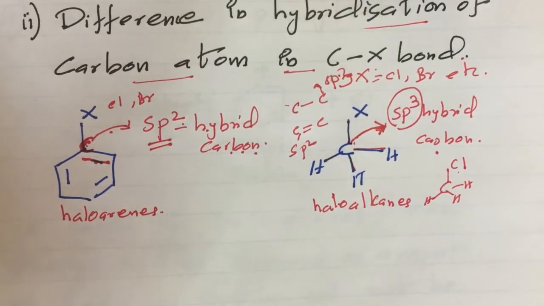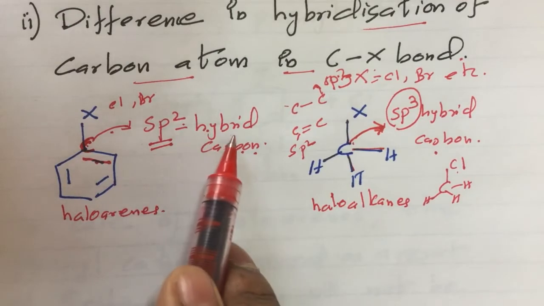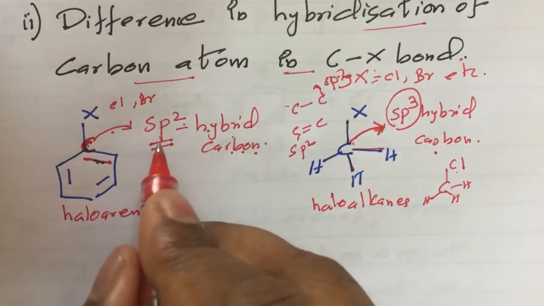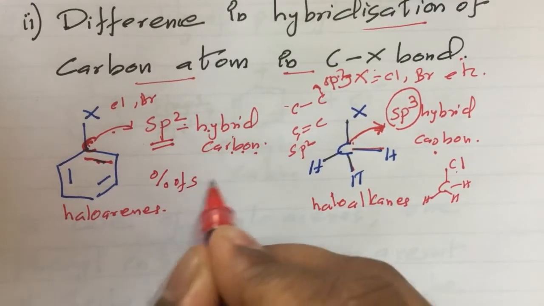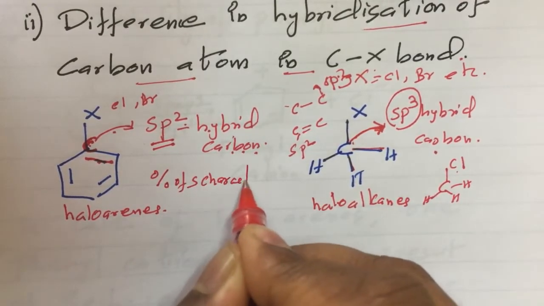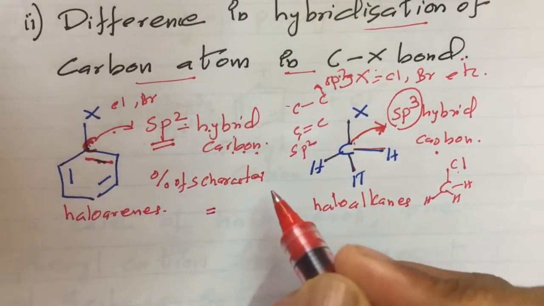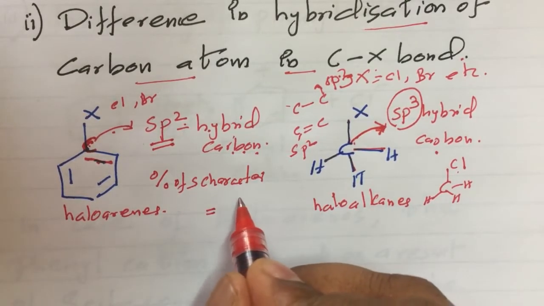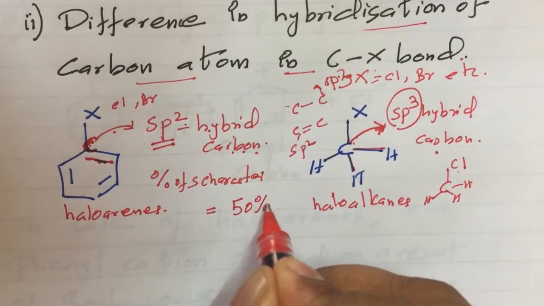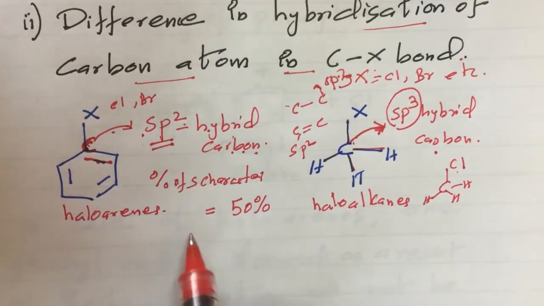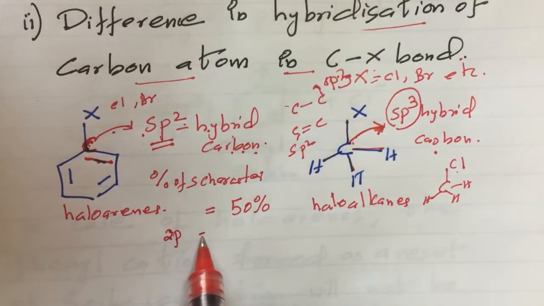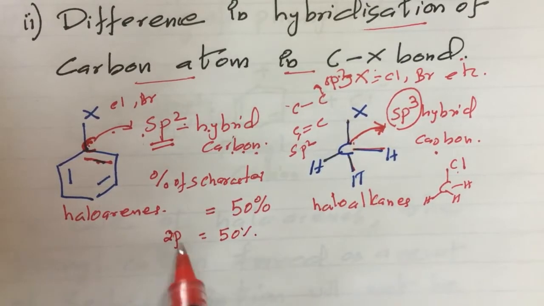Then if hybridization is sp2, what about the percentage of s character? In class 11th you learned the percentage of s character is 50 percentage. There are 2p, so 2p is 50 percentage, total 100.